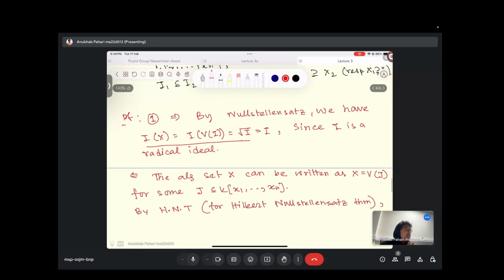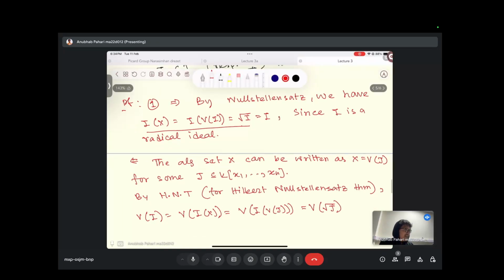By HNT, V(I) is V(I(X)), which is nothing but V(I(V(J))). So that is V(J) radical.